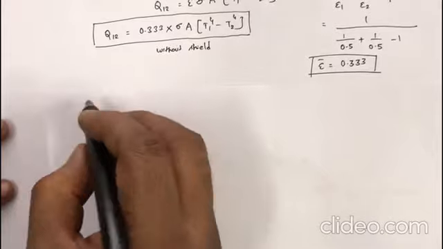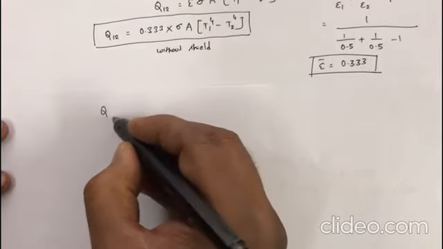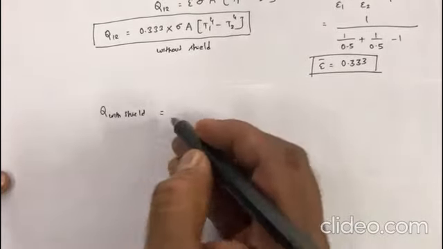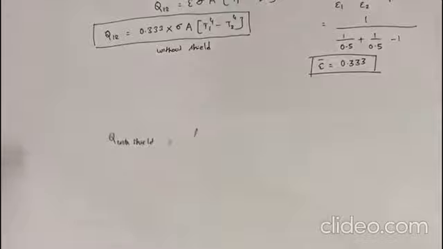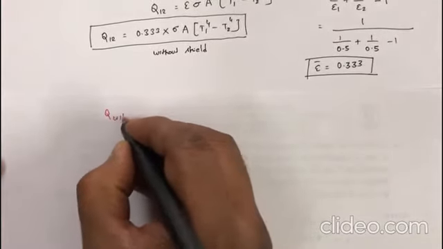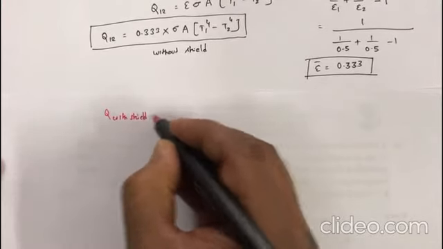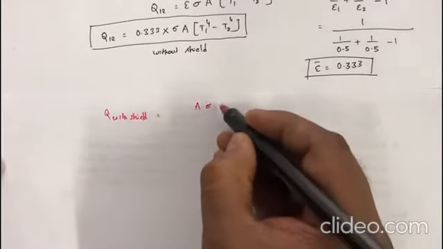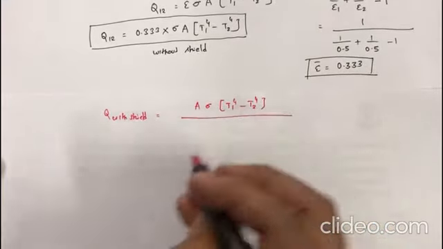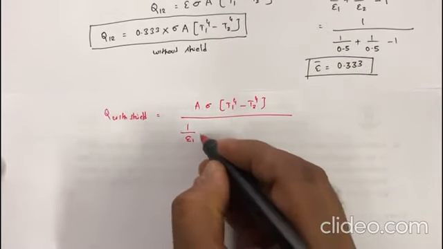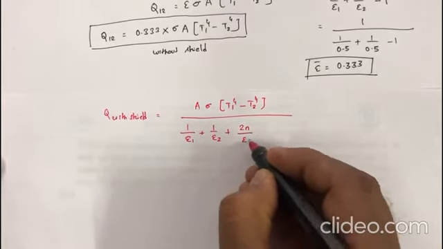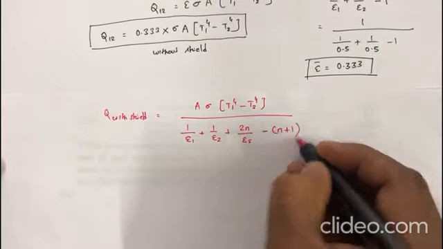So with shield, for heat transfer with shield, we have an equation from the data book, which is A sigma T1 power 4 minus T2 power 4 divided by 1 by epsilon 1 plus 1 by epsilon 2 plus 2n by epsilon s minus n plus 1.